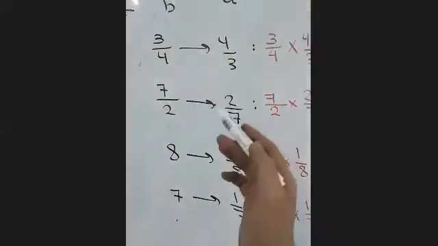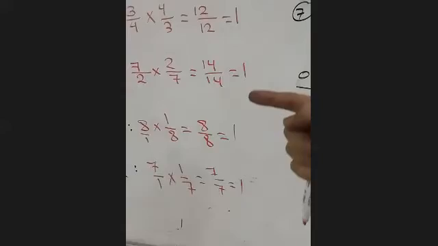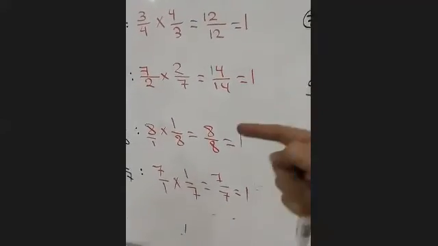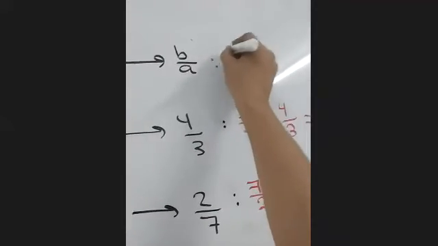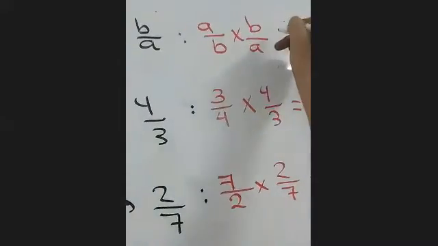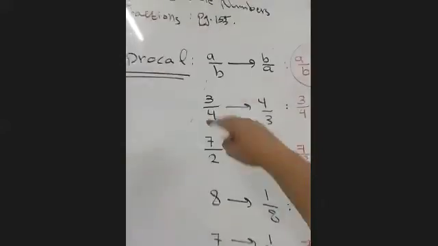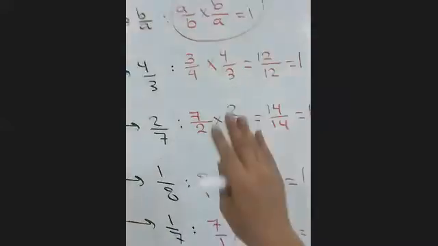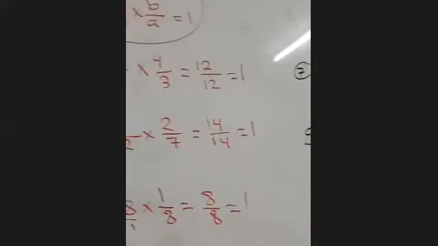If you multiply any fraction or whole number by its reciprocal, the answer is always 1. So this is the first idea: the reciprocal is to switch the fraction, and if you multiply a fraction by its reciprocal, the answer is always 1.